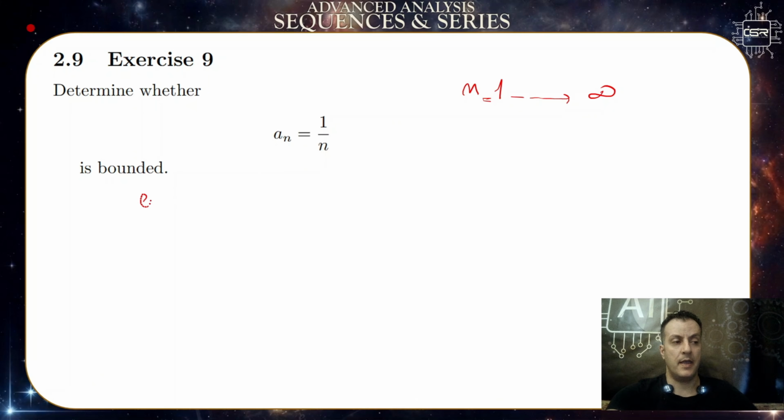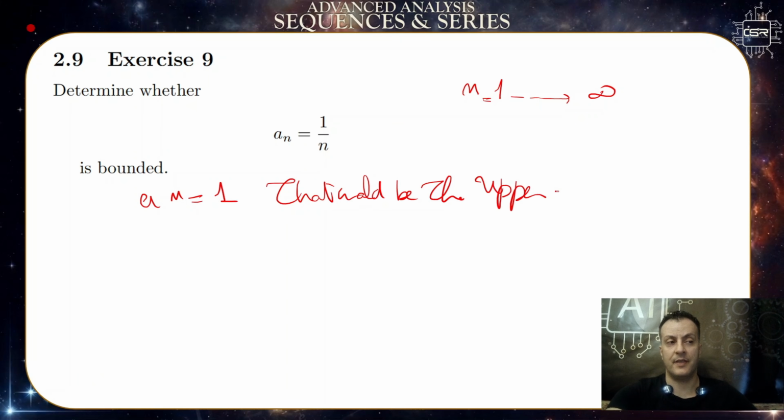So a(1) equals 1, that would be the upper bound or the maximum, the highest value that a(n) can get to. And by the way, it is included within the set, so it is part of the interval.